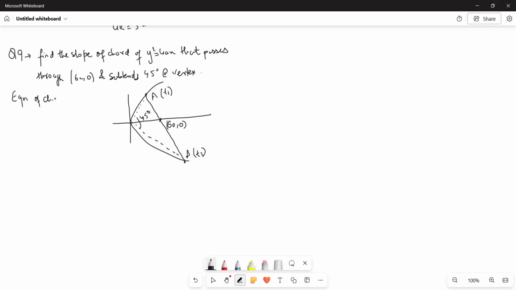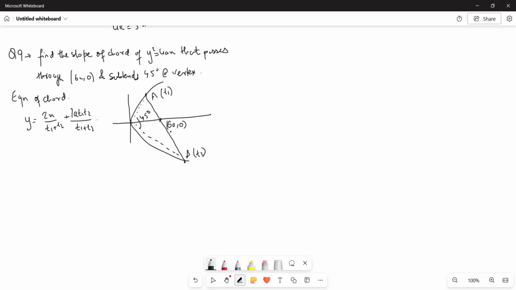What's the equation of a chord? Y is equal to x by the arithmetic mean. So 2x by T1 plus T2 plus A times the harmonic mean, that is 2A T1 T2 by T1 plus T2. ठीक है ना?